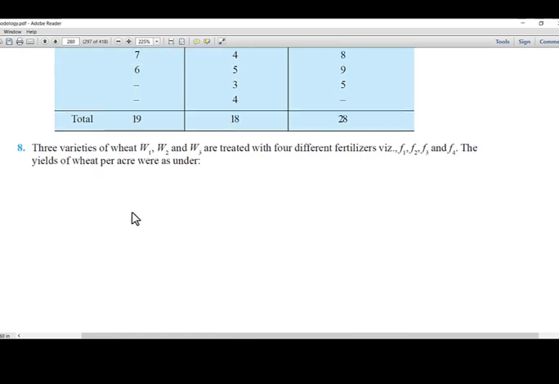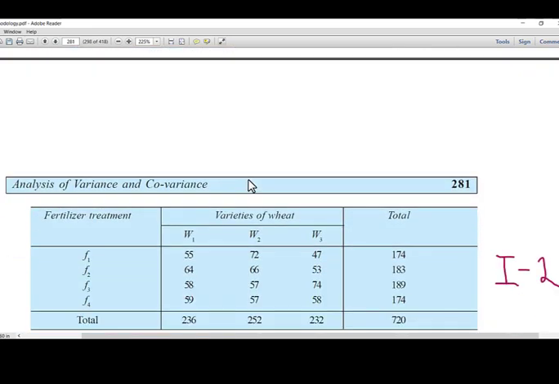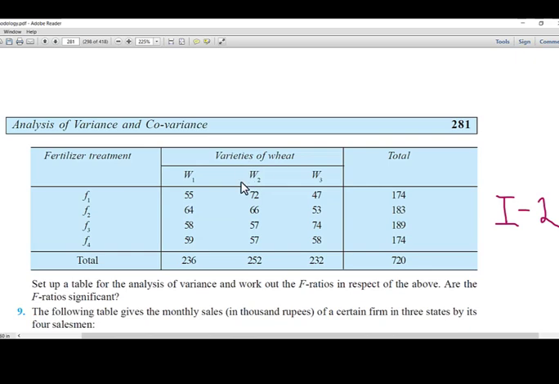Three varieties of wheat, W1, W2 and W3, are treated with 4 different fertilizers, F1, F2, F3 and F4. The yields of wheat per acre are as under. Here varieties of wheat, W1, W2, W3, and varieties of fertilizers, F1, F2, F3, F4. So varieties of fertilizers is one factor and varieties of wheat another factor. There are 2 factors.